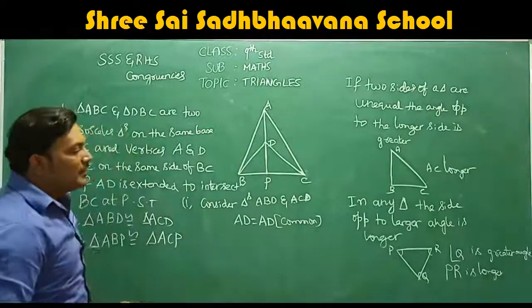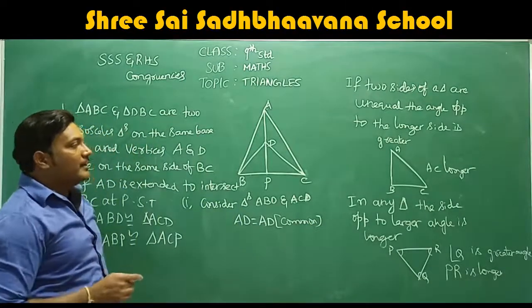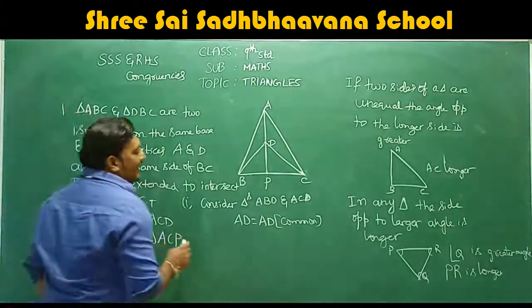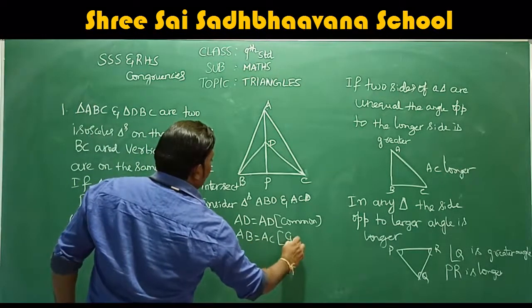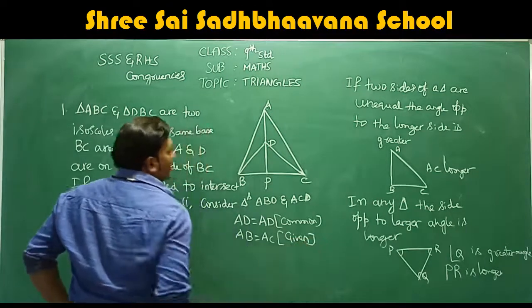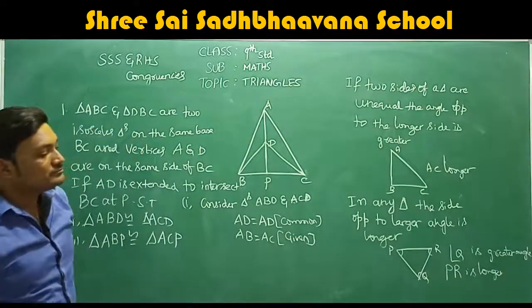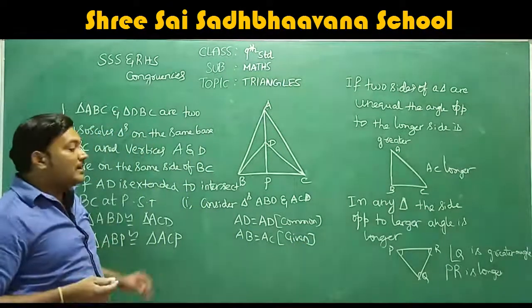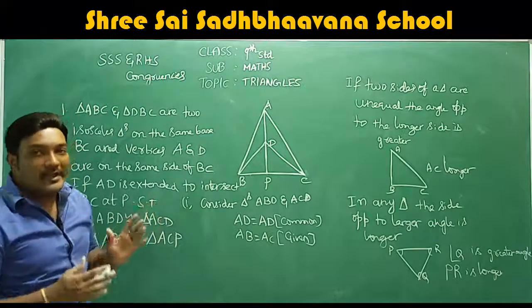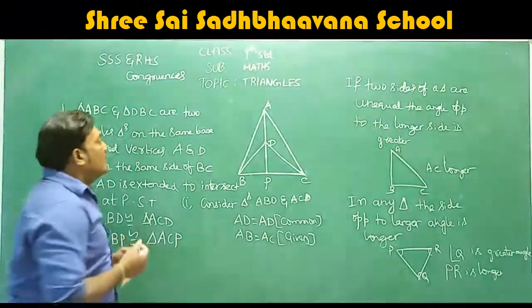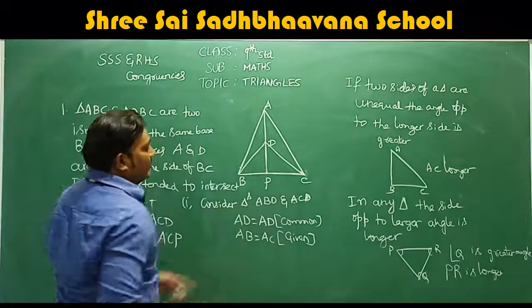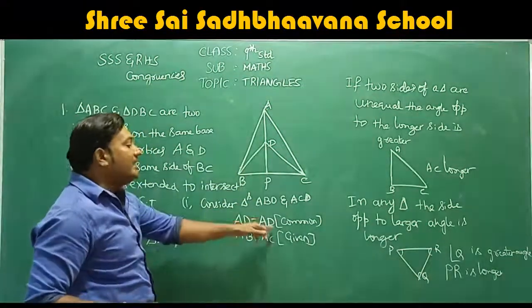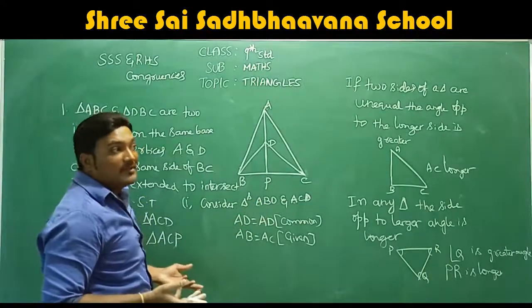And also, can I write AB is equal to AC? Why? Because they have clearly given that they are equal, because it's an isosceles triangle. In an isosceles triangle, obviously, the two sides should be equal. So which two sides? AB should be equal to AC.